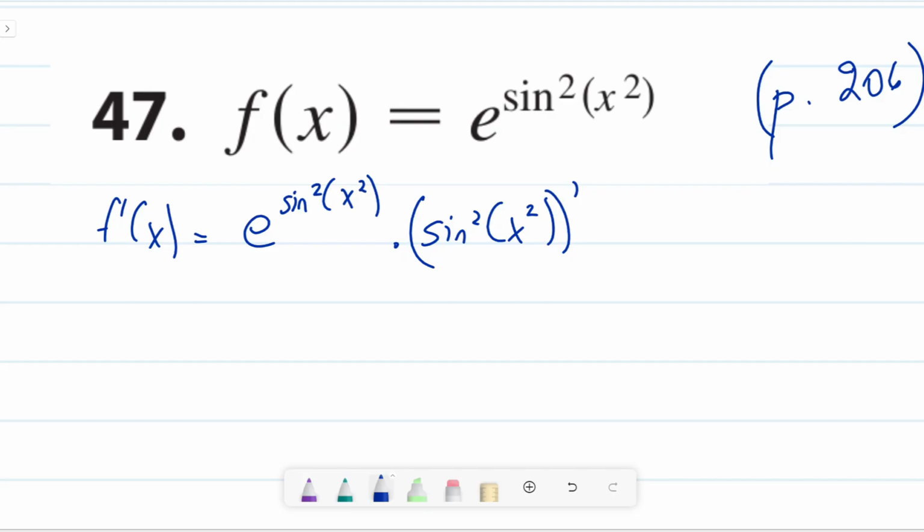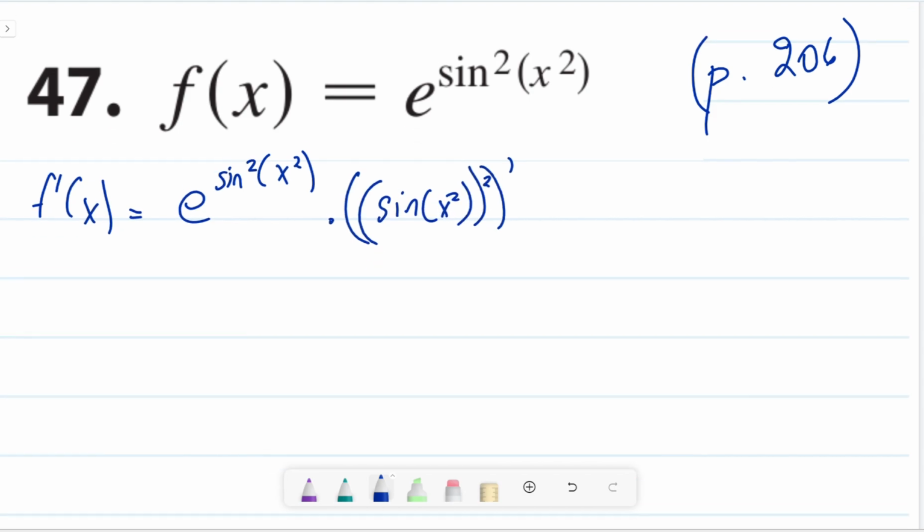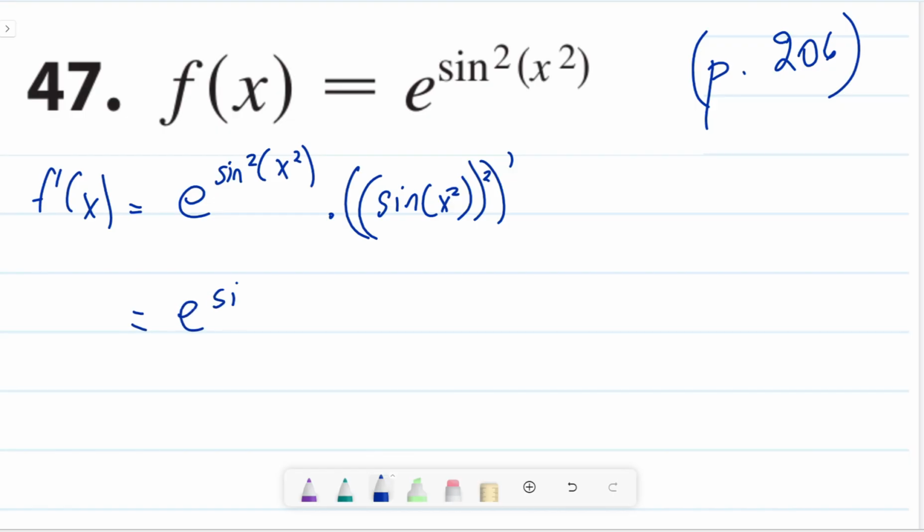Now I just wanted to point out that sine squared of x squared, we can write as sine of x squared, and we can square it outside. So this is the power rule. Now we drop the power and we get sine of x squared to the power of 1. And then here we will use the general power rule.